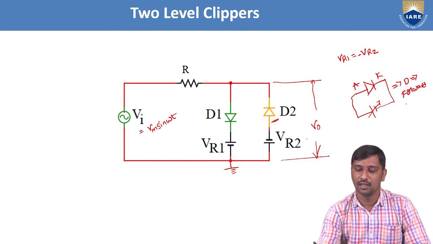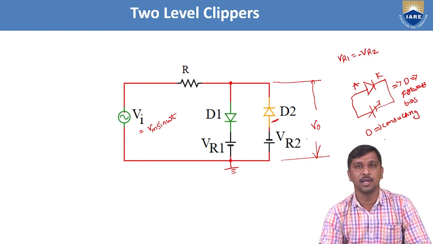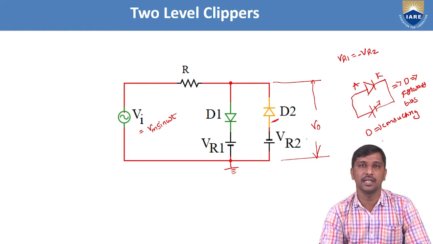Under this forward bias, the diode acts as a conductor. So if the diode is conducting, current flows across the PN junction diode, or in a given network.